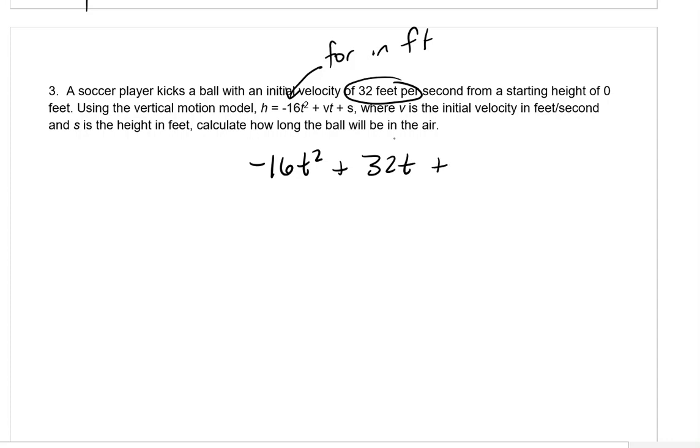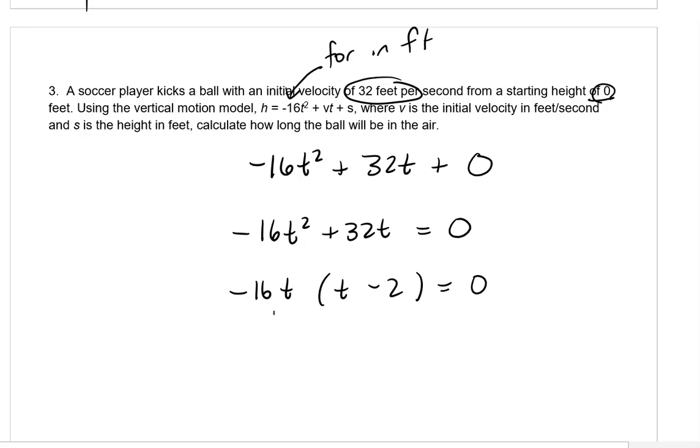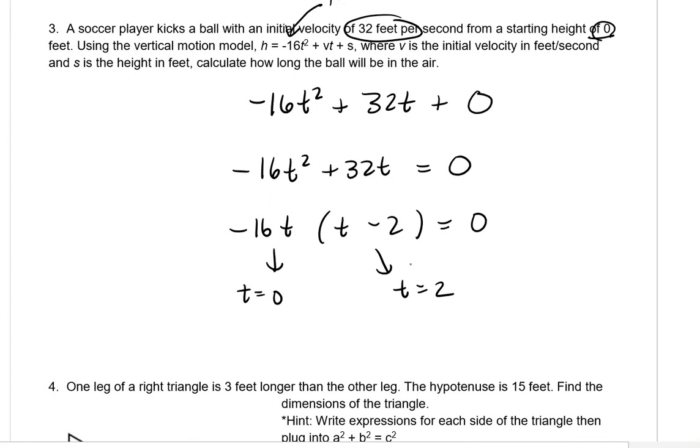And then the initial height is 0. Calculate how long the ball will be in the air. Negative 16t squared plus 32t is equal to 0. And I'm going to factor it. So then t is equal to 0 or t is equal to 2. The ball is in the air for 2 seconds.